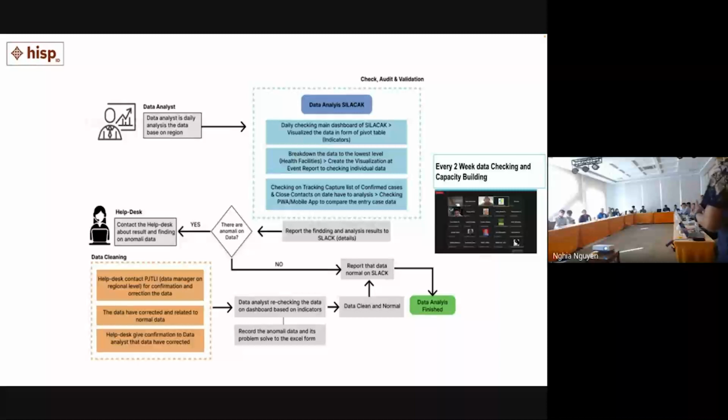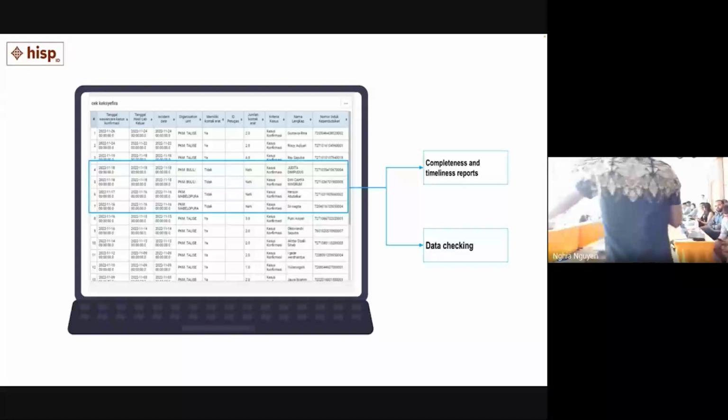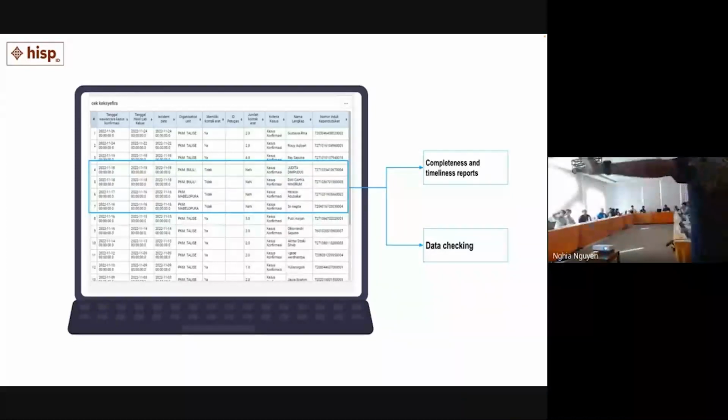We check every data, for example, how many outlier data, how many data not complete. For example, the completeness. We do creating one dashboard table. If you see this, we have one table, how many do not have the close contact.